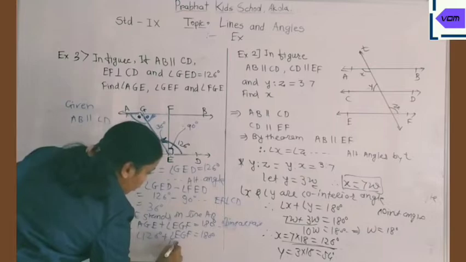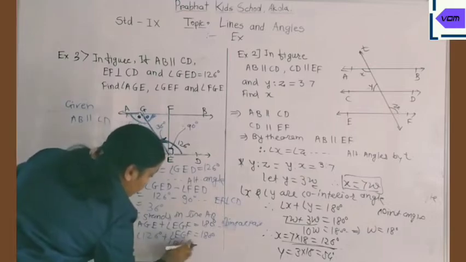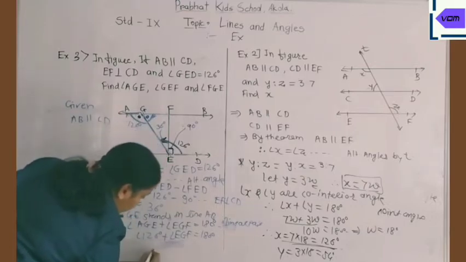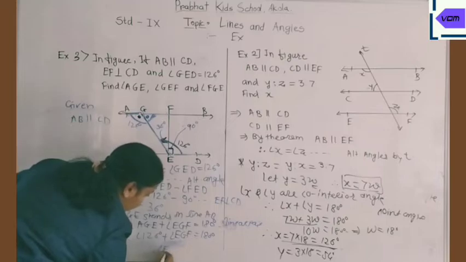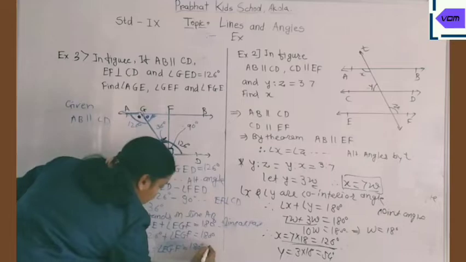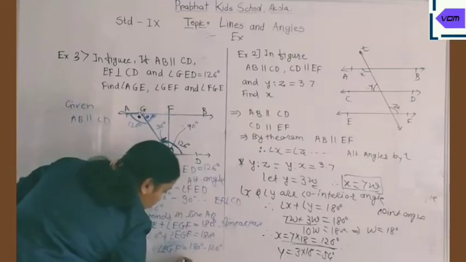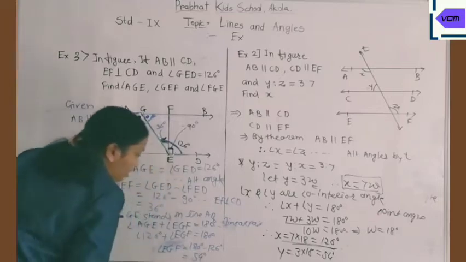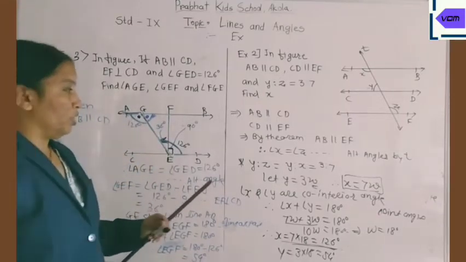Therefore angle EGF is equal to 180 minus 126, that is 54 degrees. This is how you can solve the problem.